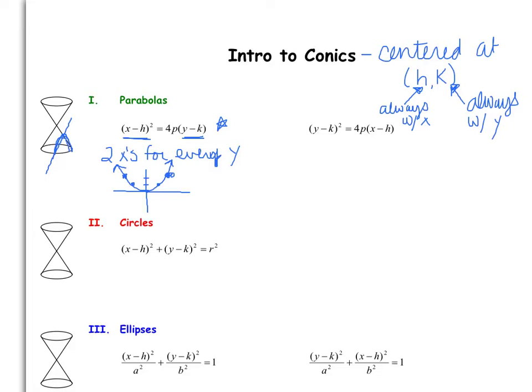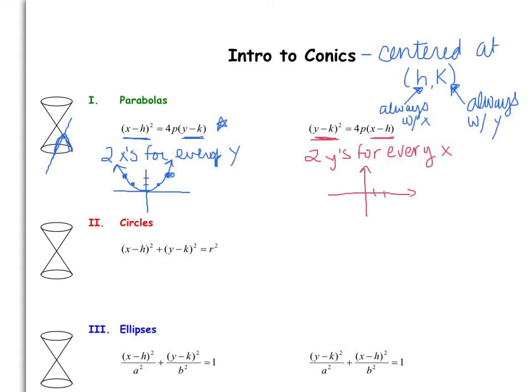Vice versa, this other equation right here is when you have 2 y values for every 1 x. So what's that going to look like on the graph? For every x, you're going to have 2 y's.